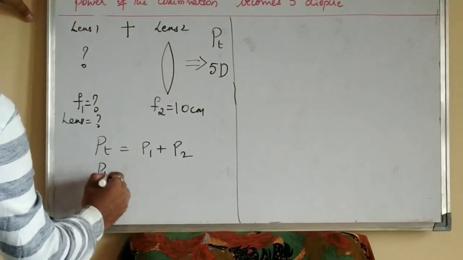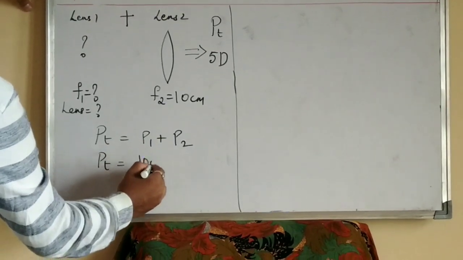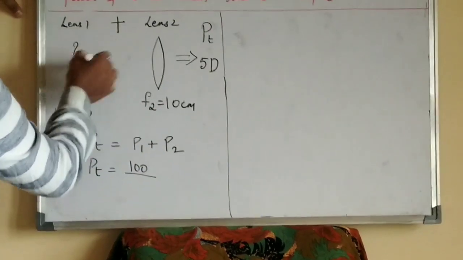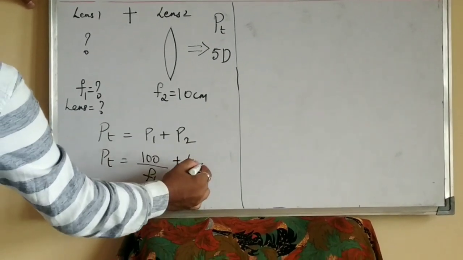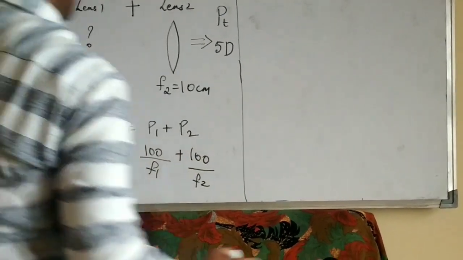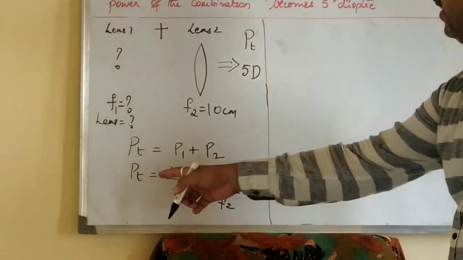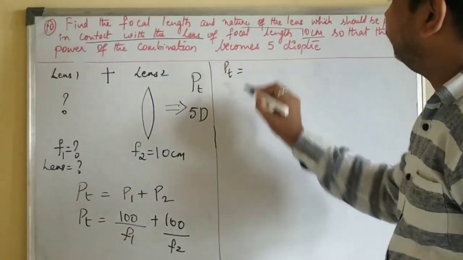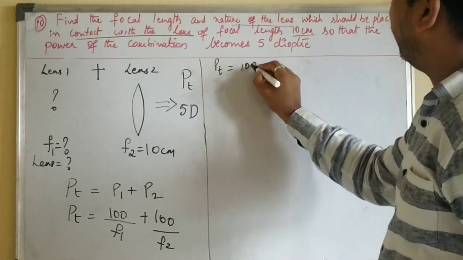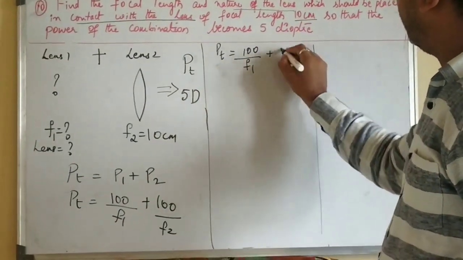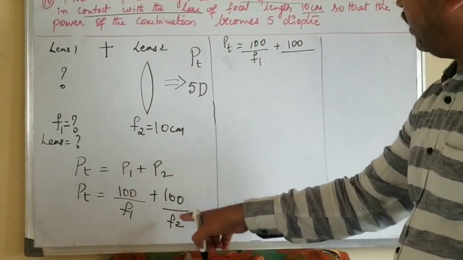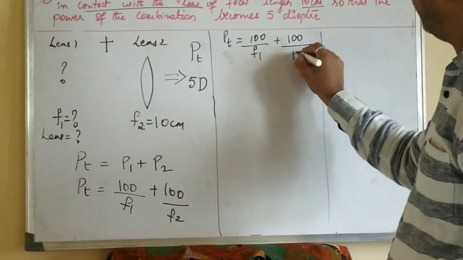So PT is equal to P1, that is 100 by F1. This is this lens. We don't know what is F1. Plus P2 is again 100 divided by F2. Now PT is equal to 100 by F1 plus 100 divided by F2 is given. F2 is how much? 10.